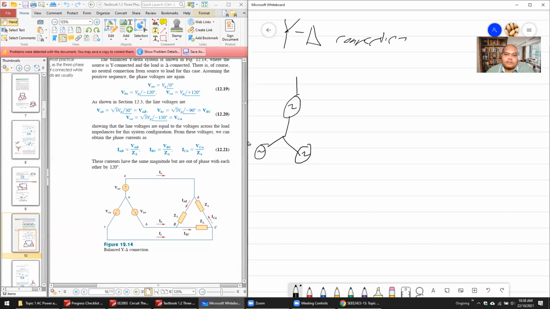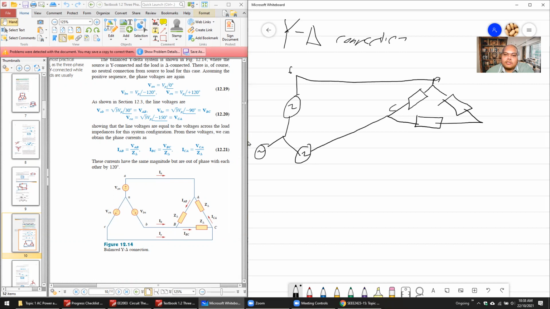So this one, how to draw delta? You have a triangle here. Make sure you know how to draw this. Of course, this is A, B, C. Maybe I draw it again.